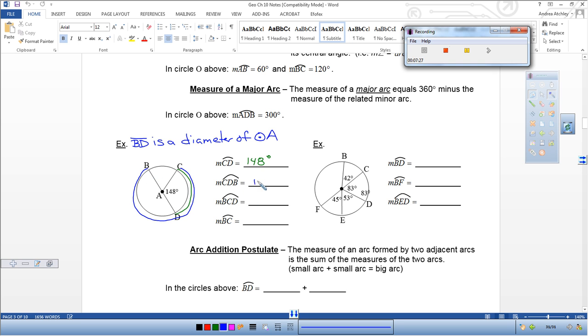So you're going to do 180 plus the 148 to get 328 degrees. Any questions over that?